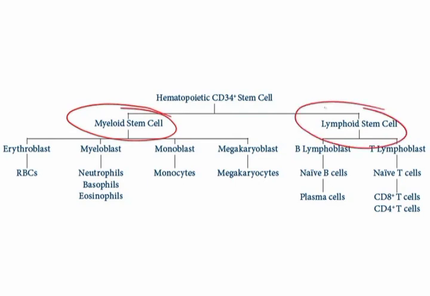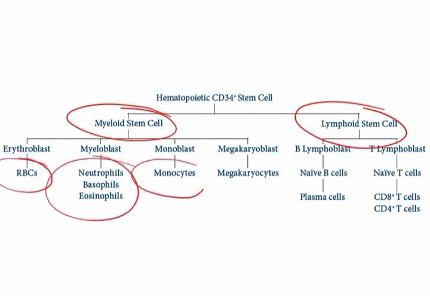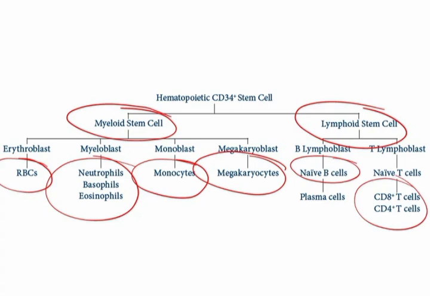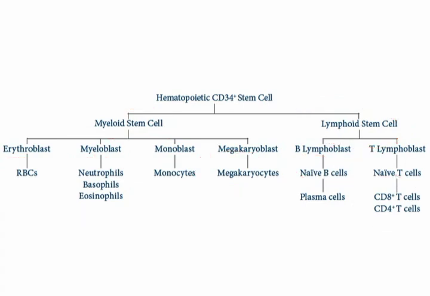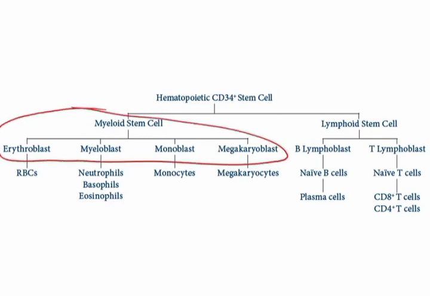The myeloid stem cell will eventually become the cells of the myeloid lineage, producing red blood cells, granulocytes, monocytes, and megakaryocytes, and the lymphoid stem cell has the ability to eventually produce the B cells and the T cells. If there is an accumulation of precursors of the myeloid lineage, then we call that acute myelogenous leukemia.